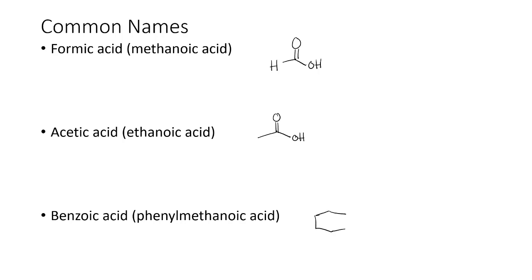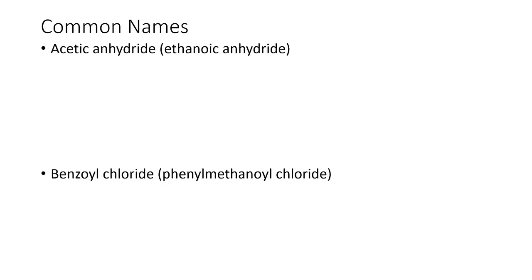Benzoic acid has our benzene ring attached to a carboxylic acid, so this would be phenylmethanoic acid because the benzene ring is coming off of the carbon associated with the carboxylic acid. We also then have acetic anhydride, which would commonly be known as ethanoic anhydride, where we have our two carbonyl functionalities separated by an oxygen for the anhydride, and on each side there are only two carbon atoms.